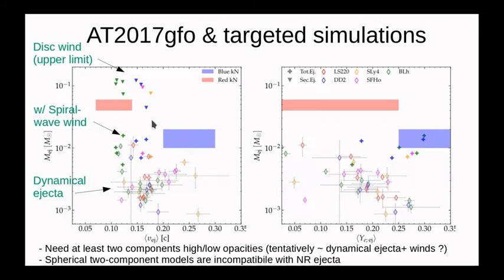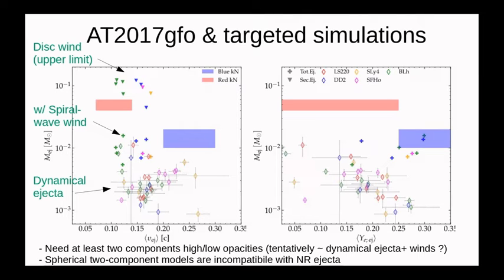The dots are the different components of the wind or of the dynamical ejecta. Instead, the boxes are the masses and velocities of the ejecta inferred just assuming a kilonova generated by 2 spherically symmetric components, so the famous blue and red components.